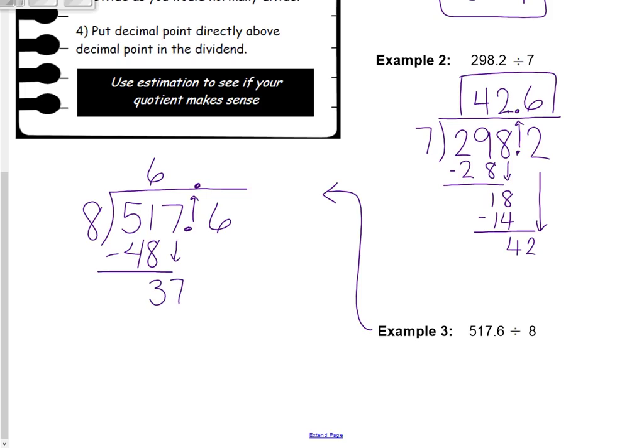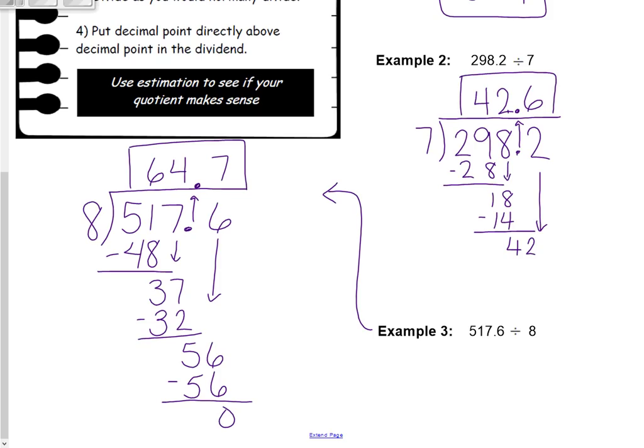Bring down the 7. 8 goes into 37 4 times, and that would be 32. Subtract. 5, bring down the 6. And 8 goes into 56, 5, 6, 7, 8 times 7. So that would be 56. And so your final answer would be 64 and 7/10.